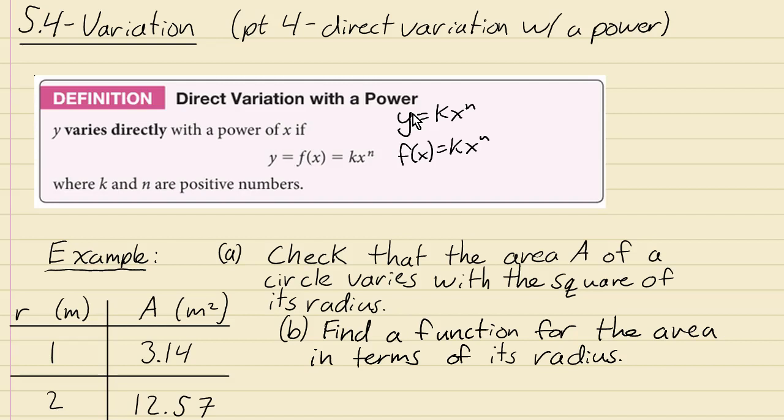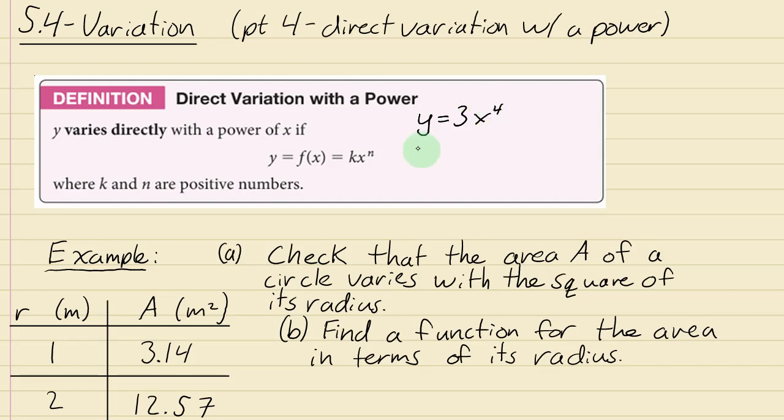So some examples of that are if you have an equation that can be written as y equals 3 times x to the fourth power, that means y varies directly with the fourth power of x.